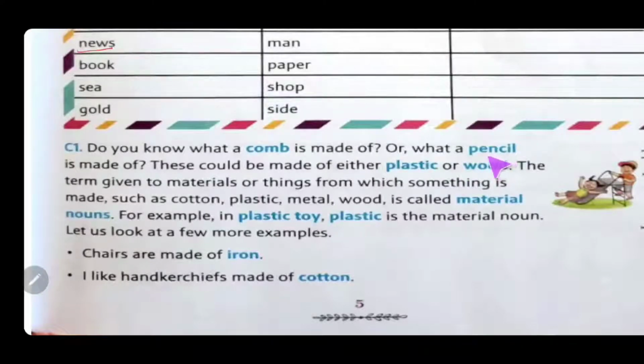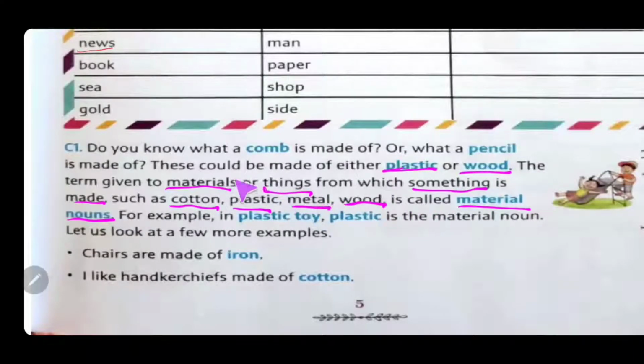Yes, a pencil is made up of either plastic or wood, right? Now the term given to materials or the things from which something is made, such as cotton, plastic, metal, wood, is called material nouns, right?